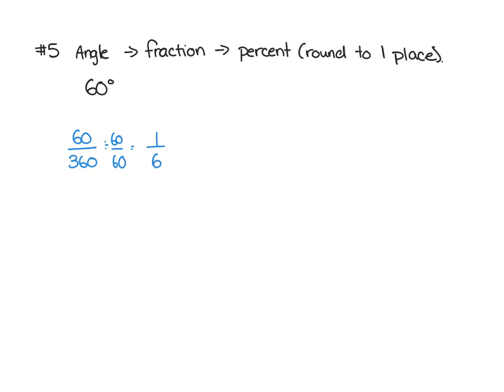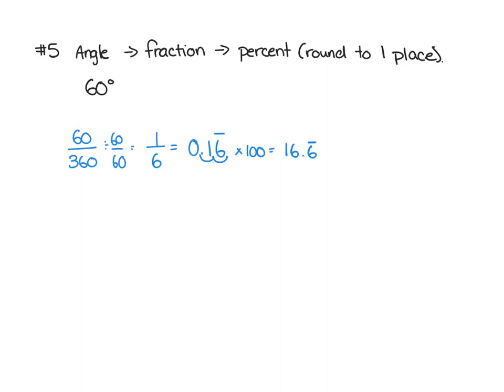And then we can turn this into a decimal. So if you were to take your calculator or to do some long division, you could go 1 divided by 6 is 0.16, and then the 6 is repeating. So when you multiply this by 100 to get to your percent, we move this over 2 places, that would give us 16.6 repeating.